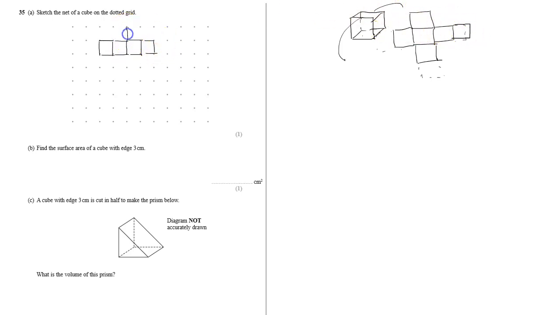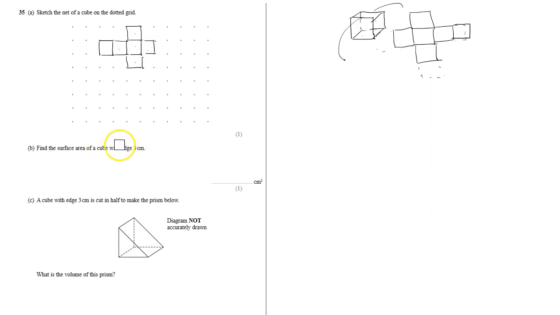There are so many ways to open it. So you can have 1, 2, 3, 4, 5, 6. See, I made a mistake here. I've already drawn this. So this will come this side, this will come, so that is the answer.